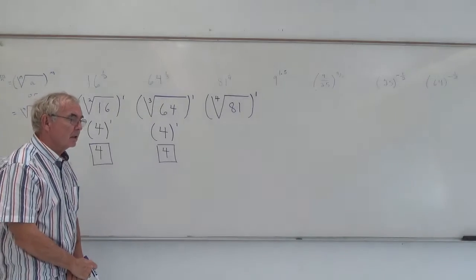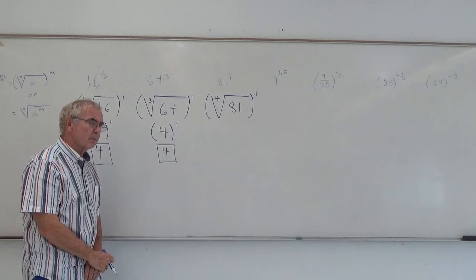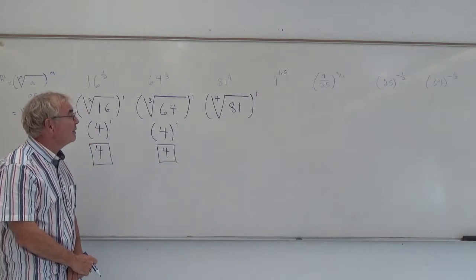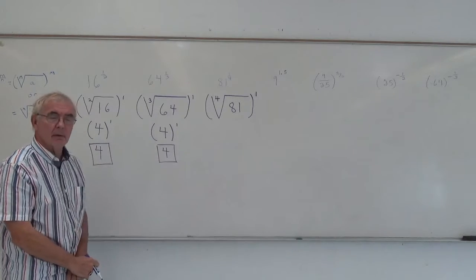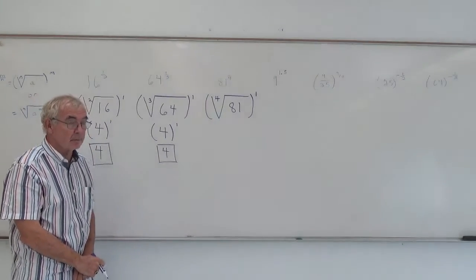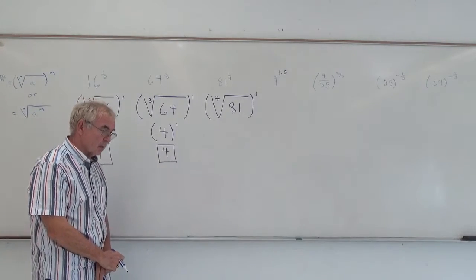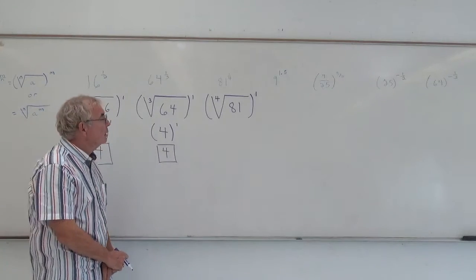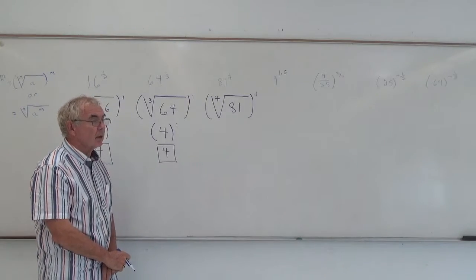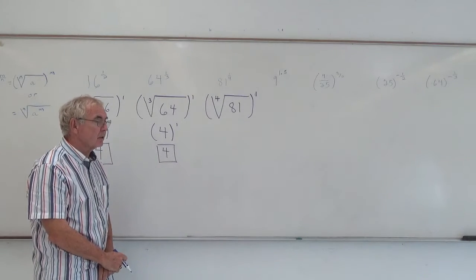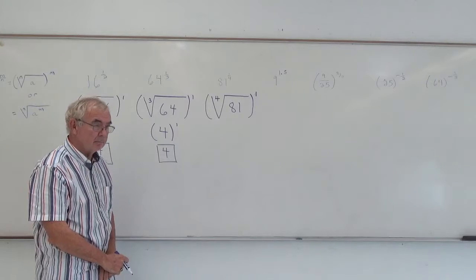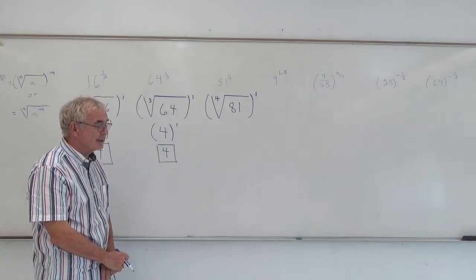Well, what's the 4th root? What number do you multiply 4 times to get 81? And these numbers are going to get big quick. 1 times 1 times 1 times 1 is, of course, 1. 2 times 2, so that's 4. 4 times 2, 8. 8 times 2, 16.